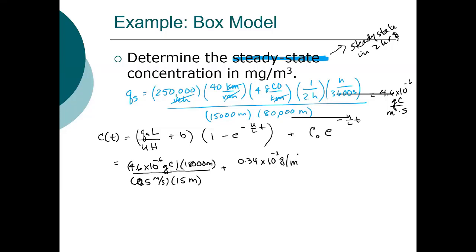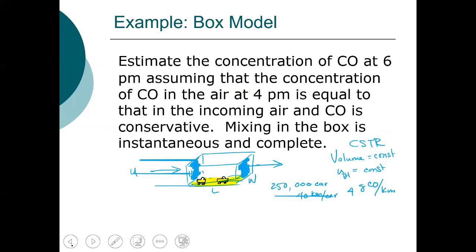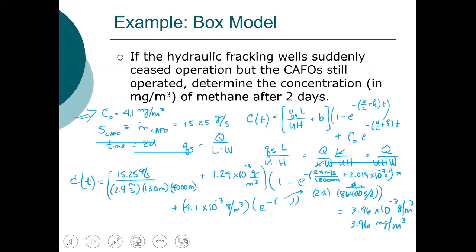Now this is per cubic meter. And realize we've got a problem here. U is wind speed. B is the concentration entering. And I just realized something writing this down here.